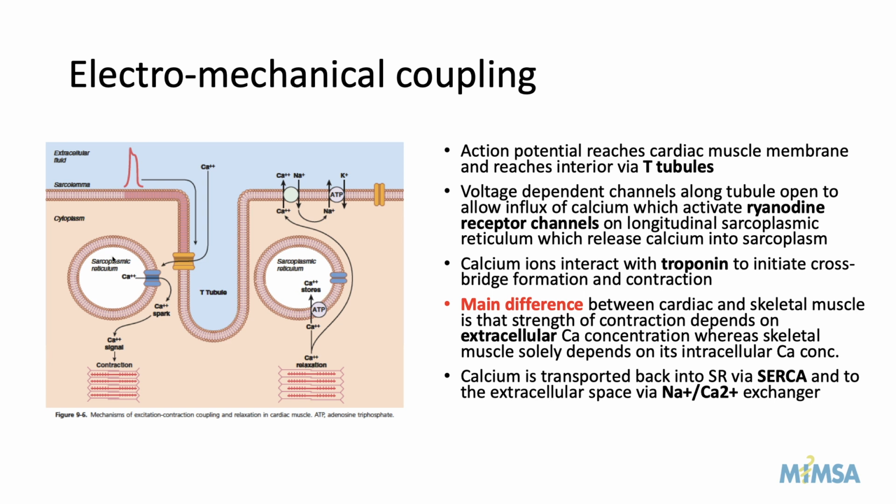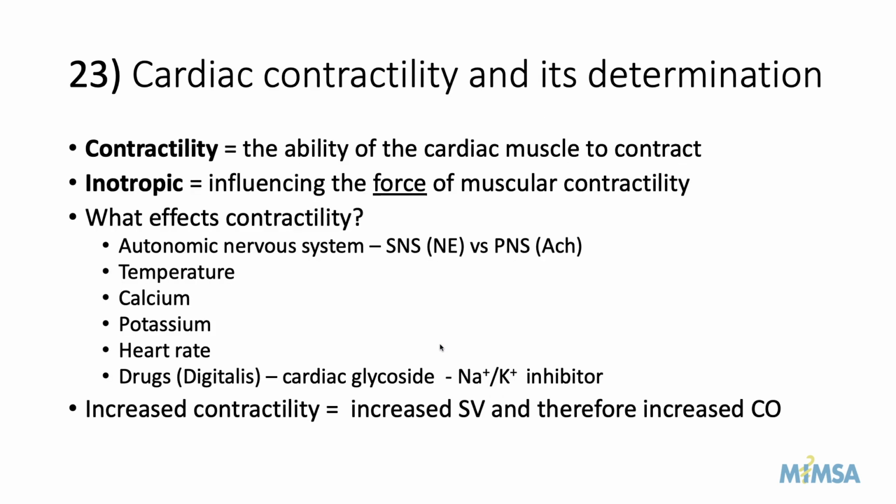This is important because when the next action potential comes, more calcium is readily available to be released out of the sarcoplasmic reticulum and cause contraction. And if you have more calcium, that causes a stronger contraction because there'll be more cross-bridge formation, and that will cause a more powerful power stroke. One thing to note: increased contractility causes increased stroke volume.